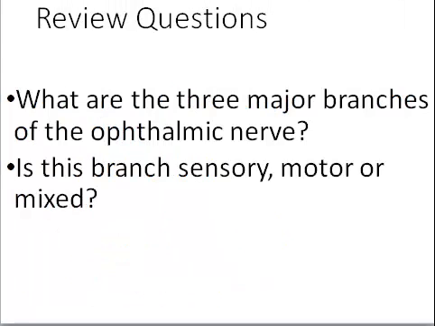So if I asked you what are the 3 major branches of the ophthalmic nerve, I'd like you to be able to tell me that. And if the branch is sensory, motor, or mixed, again, we can say mixed or we can say both. Both is probably easier because when we do that mnemonic, my sister, my brother says, we can figure out which of the 12 cranial nerves are sensory, motor, or both.